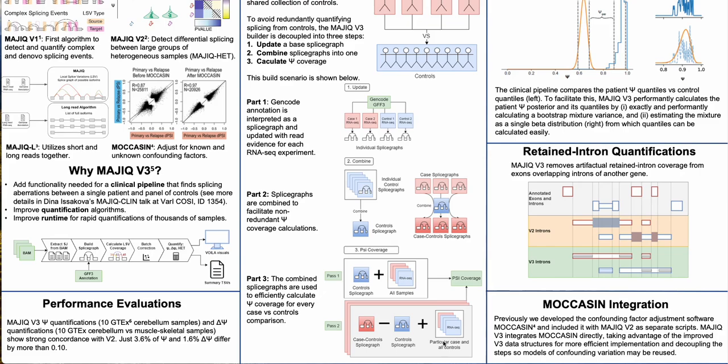We can also incrementally add new cases over time and analyze them against the same controls without redundantly recalculating coverage. These decoupled build steps make it possible to efficiently complete splicing quantifications for many case versus control analyses in a way not possible with previous MAJIQ versions.